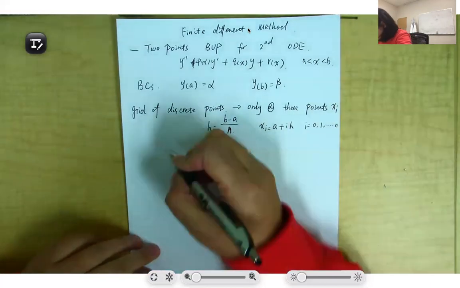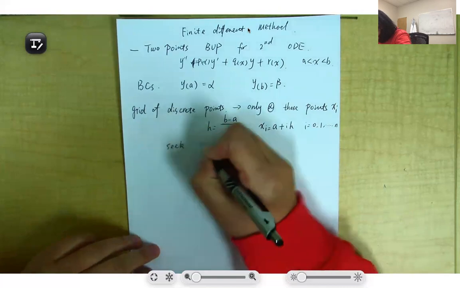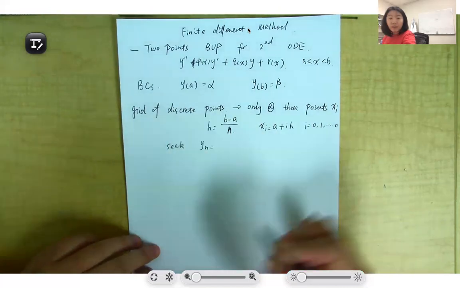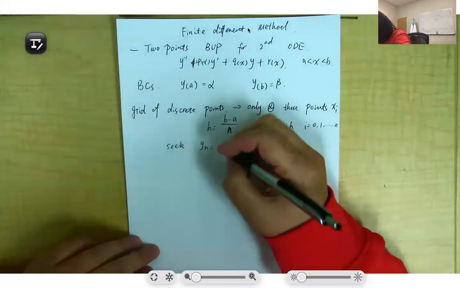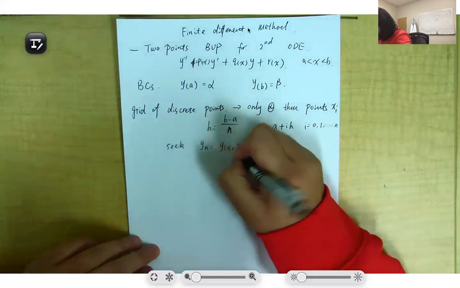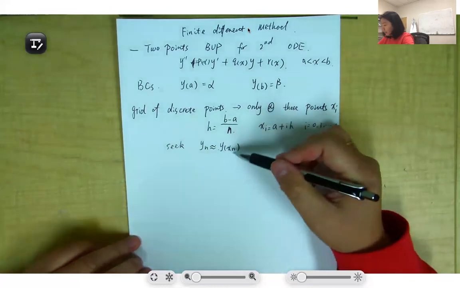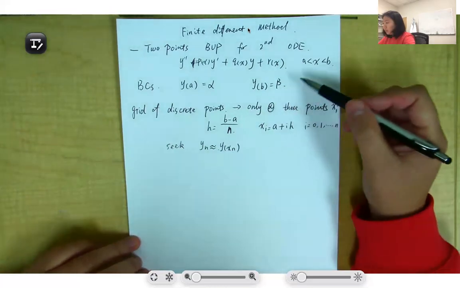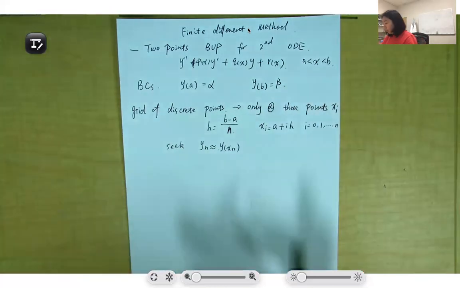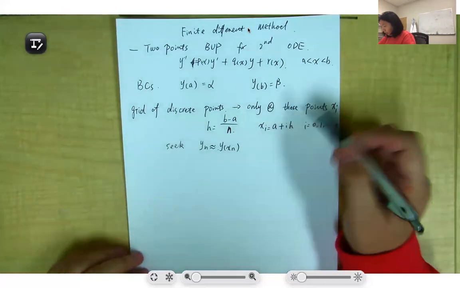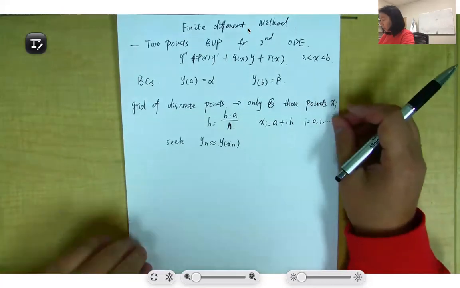You are trying to seek yn, approximately y at xn, and you know y at xn equals beta.